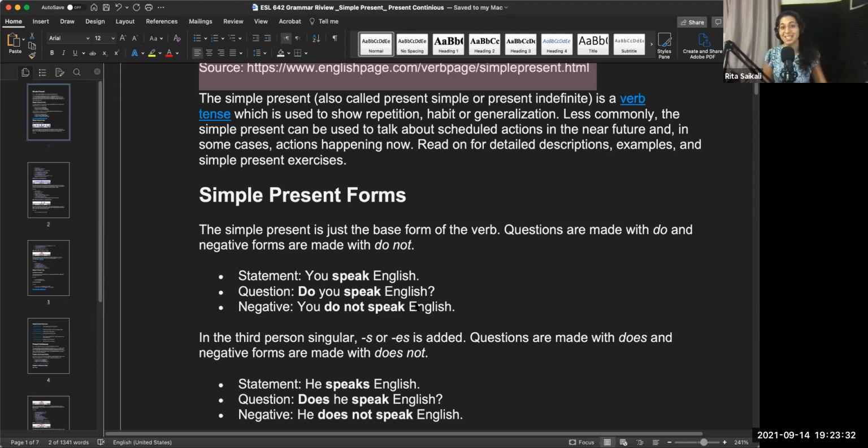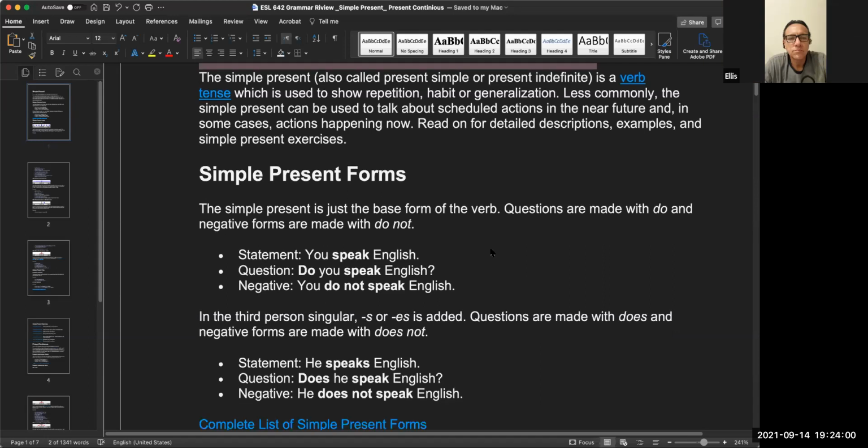You can tell me that the sky is pink, even though that's not true, or it may be if the sun is setting, but that is still a general statement. Does that make sense? Yes. So the simple present can be used to talk about scheduled actions in the near future, and in some cases, actions that are happening right now. All right, so let's continue on.